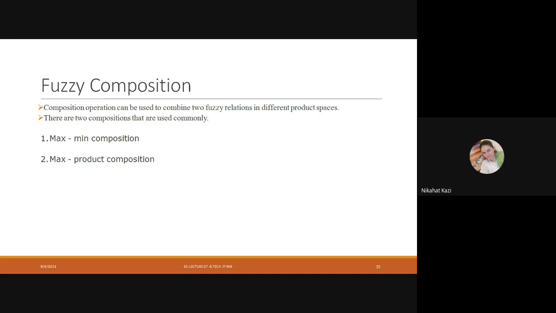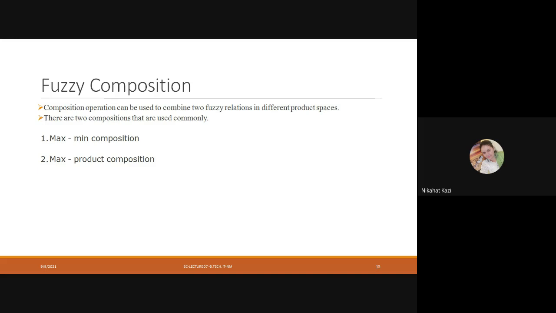Similarly, here in composition, the same condition will hold. So one fuzzy relation is on x cross y, the other is on y cross z. Then you can perform fuzzy composition. So there are two main compositions which are used. One is max min and the other is max product.